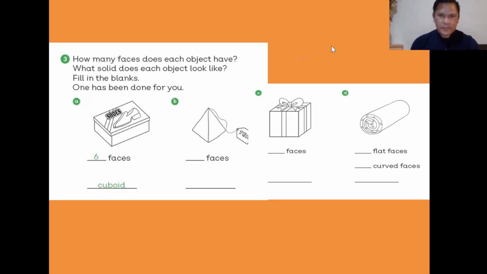It has 5 faces, because 1, 2, 3, 4, 5 faces. Then what is this? We call it a pyramid. So we will write pyramid.